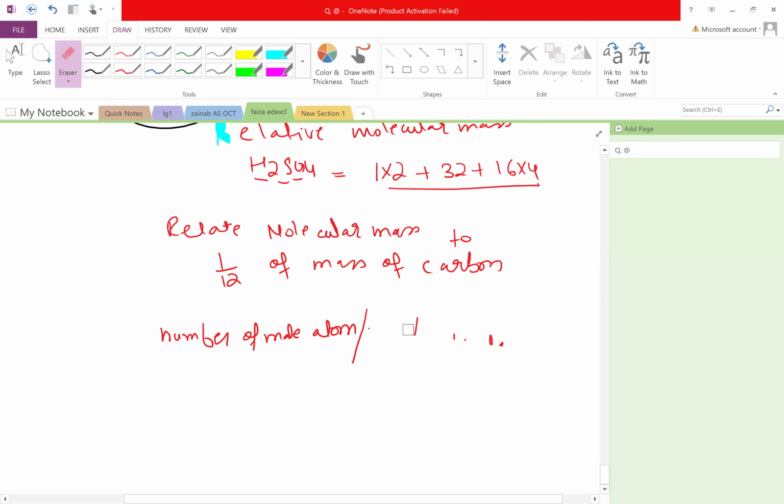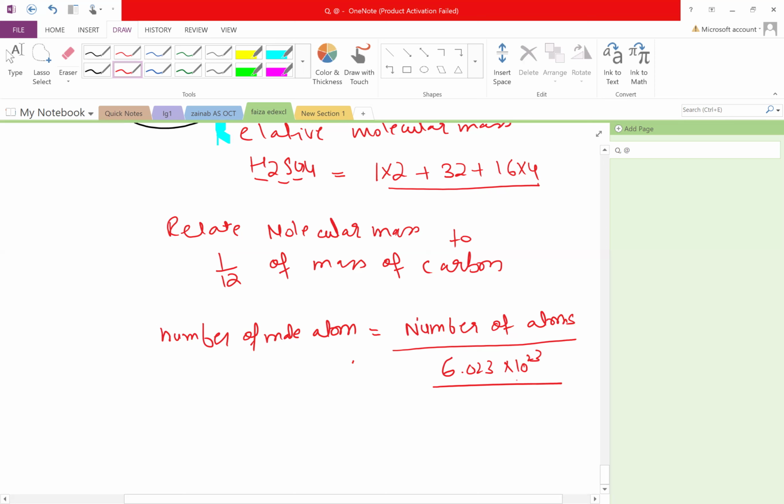Whenever you want to find the number of moles of an atom, you have to use the formula: number of atoms divided by Avogadro's number. Whenever you want to find the moles of atoms or particles, you have to divide by Avogadro's number. This is called Avogadro's number.